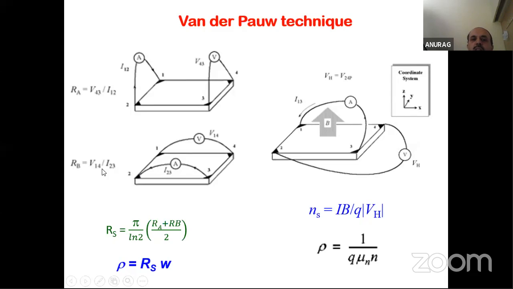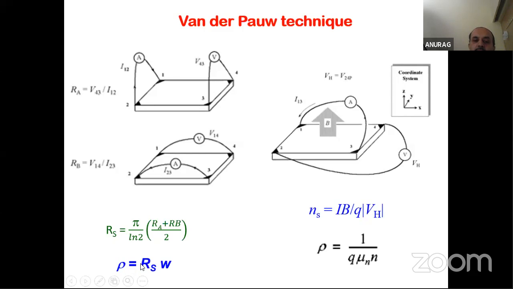So RB is V14 divided by I23. Now the sheet resistance RS is given by pi by ln 2, the natural log of 2, times RA plus RB by 2. So using this relation, you can calculate the sheet resistance.